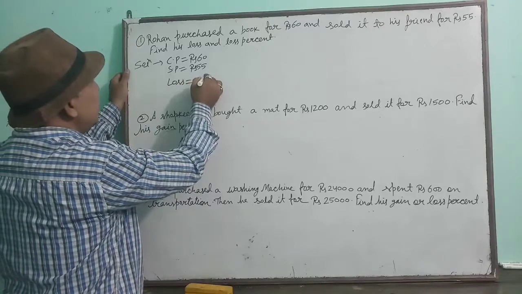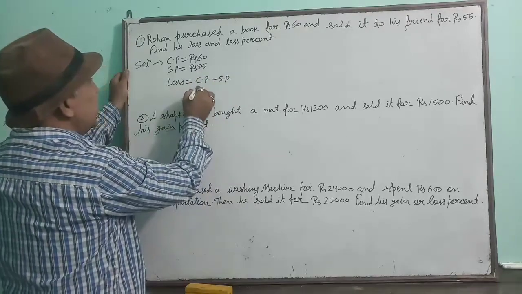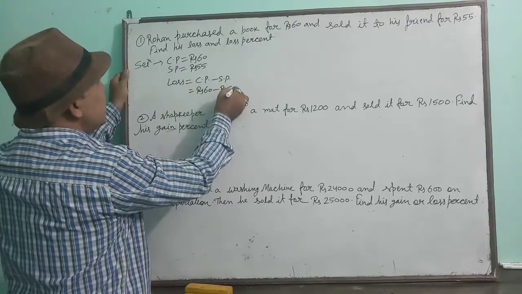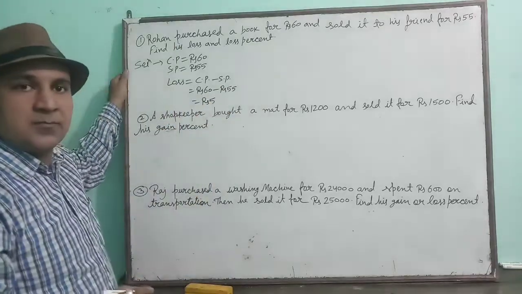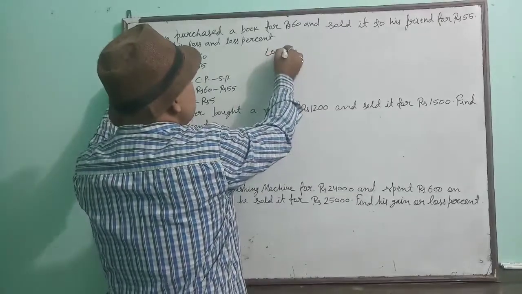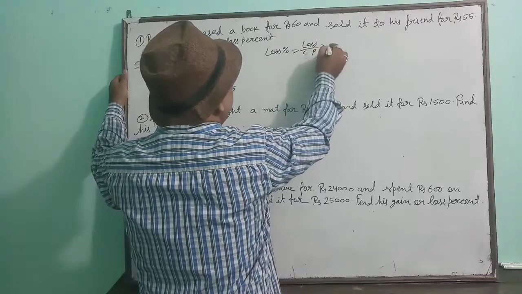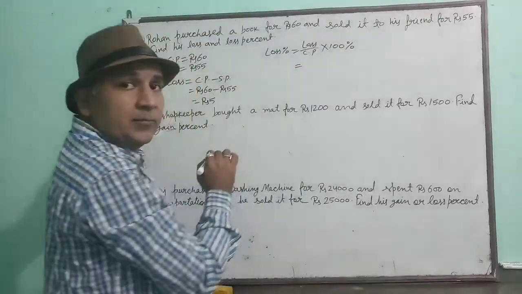And what is the formula for loss? Cost price minus selling price. That means rupees 60 minus rupees 55, so rupees 5 is the loss. Now you have to find the loss percent. Children, the loss percent formula is loss upon cost price multiplied by 100.